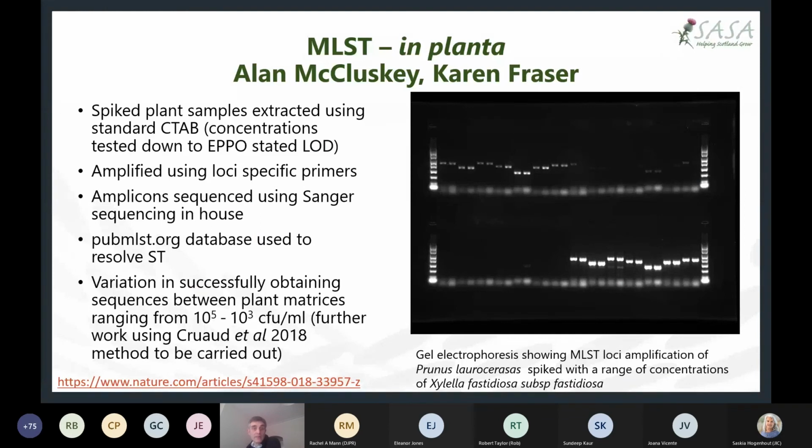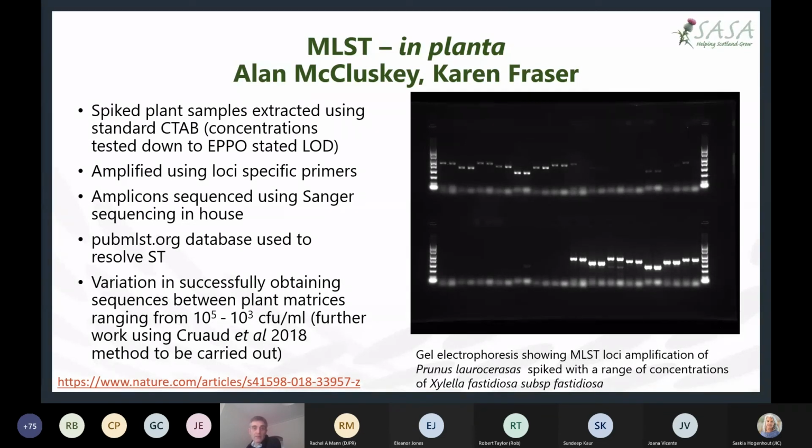These are actually spiked plant samples. This is Xylella fastidiosa subspecies, artificially infecting several species of Prunus, and the DNA has been extracted by a standard method, followed by the normal amplification and sequencing.